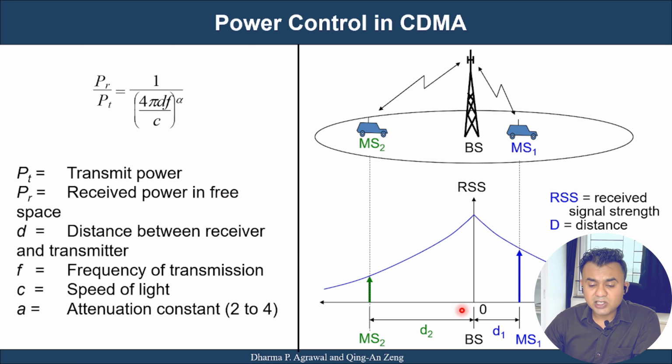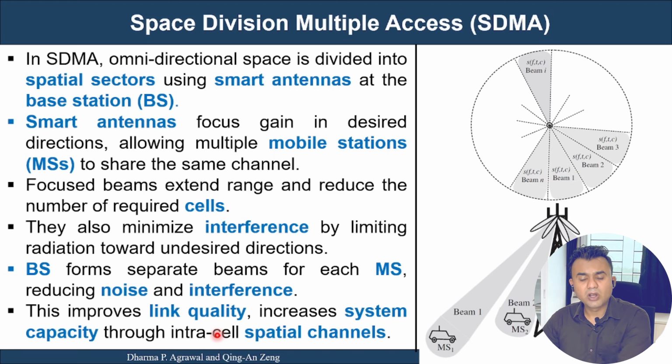D is the distance between the transmitter and receiver. F is the frequency of transmission. C is the speed of light. And alpha is the attenuation constant. So far, what we have covered were very basic methods.